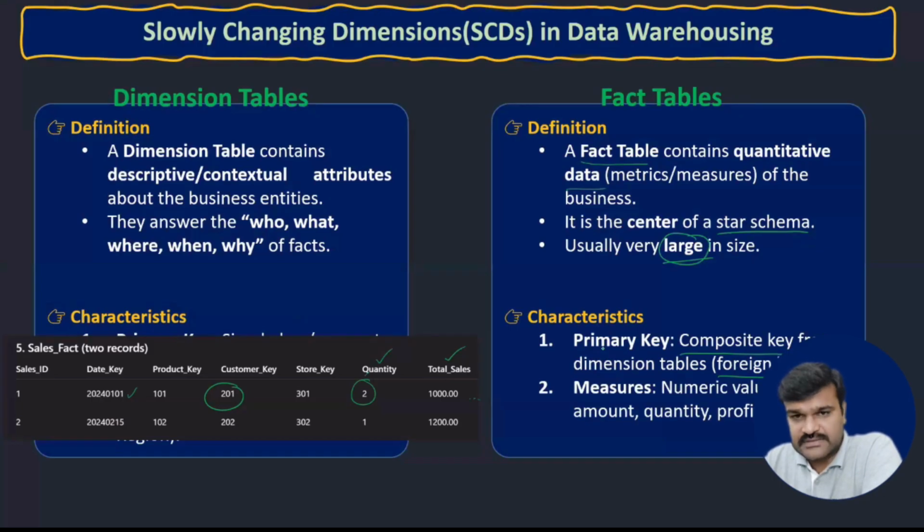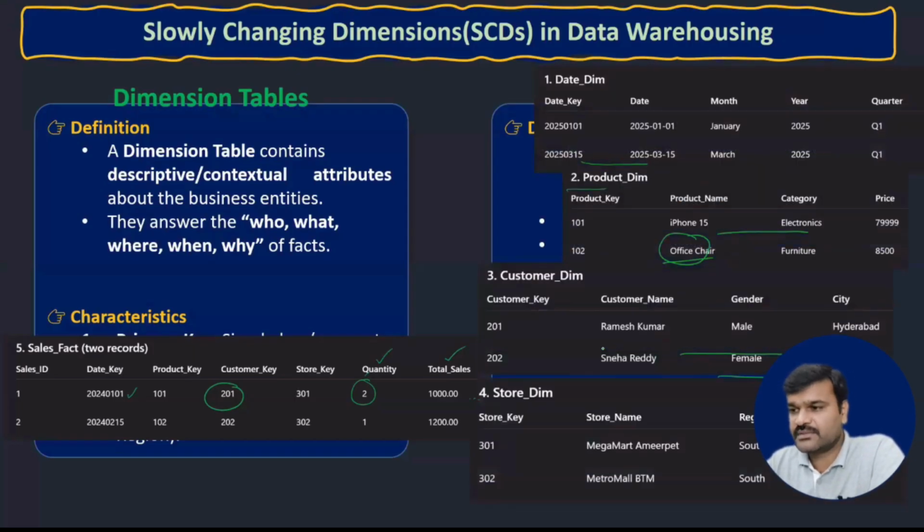By using that you can go for the analysis. That is what fact tables are mainly going to help you with, to identify the insights in your business. On so and so region how much sales happened, and so and so product how it is performing. All these things you will get from the fact tables, and if you need full details you will go for the dimension tables. Hope it is clear.